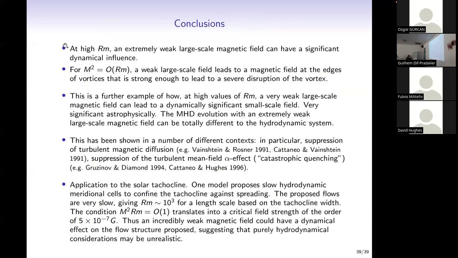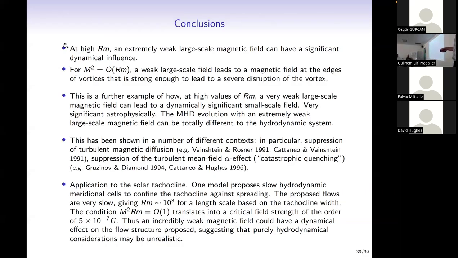Physically, last one. There is one conclusion which really matters, which is that things happen when m squared Rm is order 1. There is a world of difference between hydrodynamic and weak field MHD, because you only need a tiny bit of m squared to make m squared Rm huge.